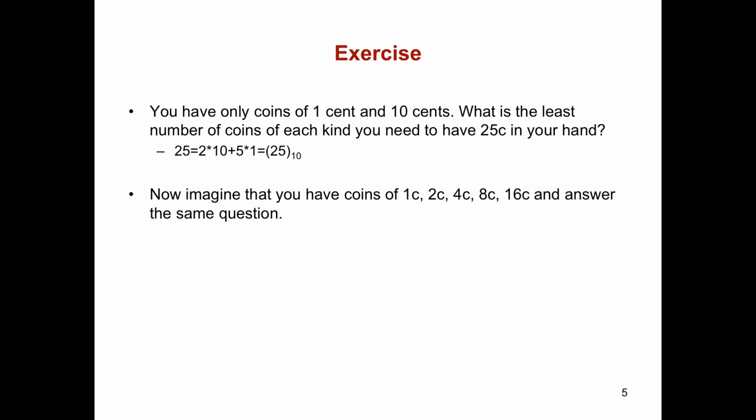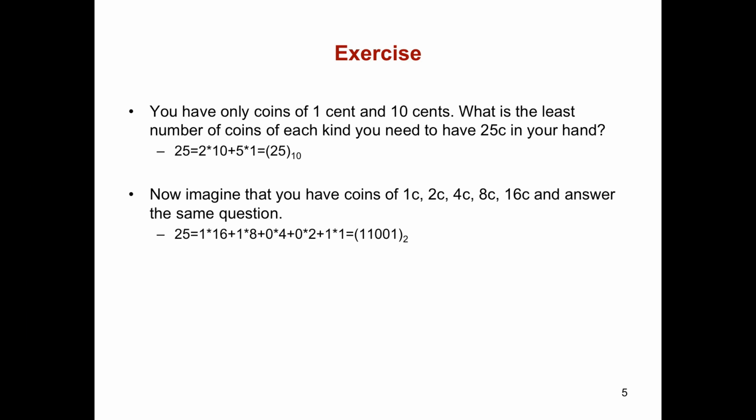Just like we had base 10, where this was 2 times 10 plus 5 times 1, 25 is 16 plus 8 plus 1 here. That's 1 times 16, which is a power of 2, plus 1 times 8 plus 0 times 4 plus 0 times 2 plus 1 times 1.